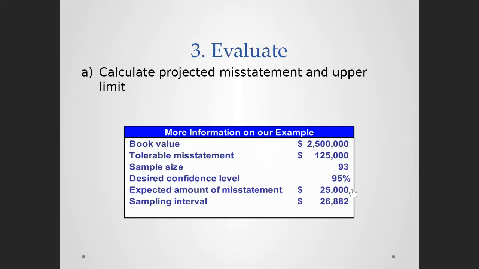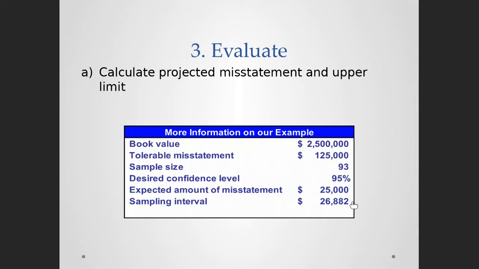When we say expected amount of misstatement, that means the expected amount of misstatement in the what? Tell me the right word. The expected amount of misstatement in the, come on guys, population. Very good. Expected amount of misstatement in the population.